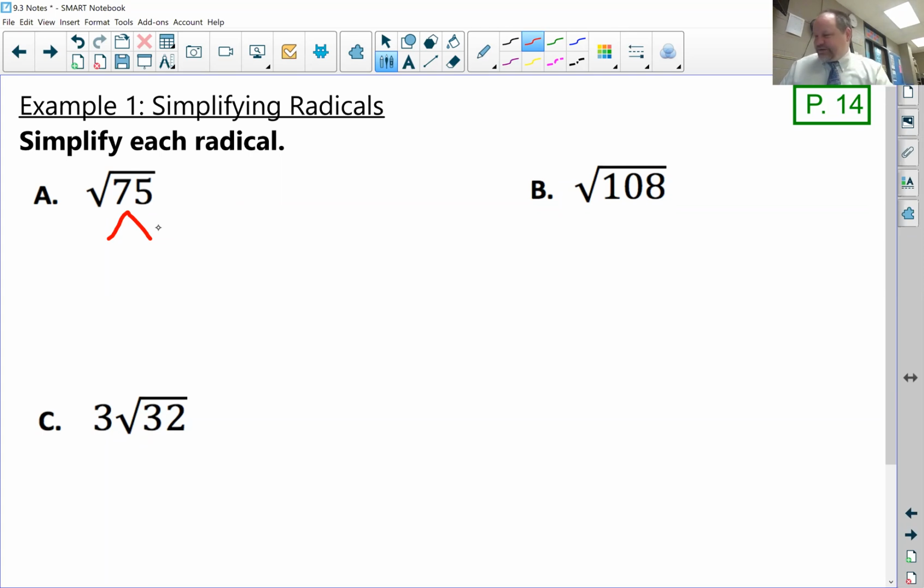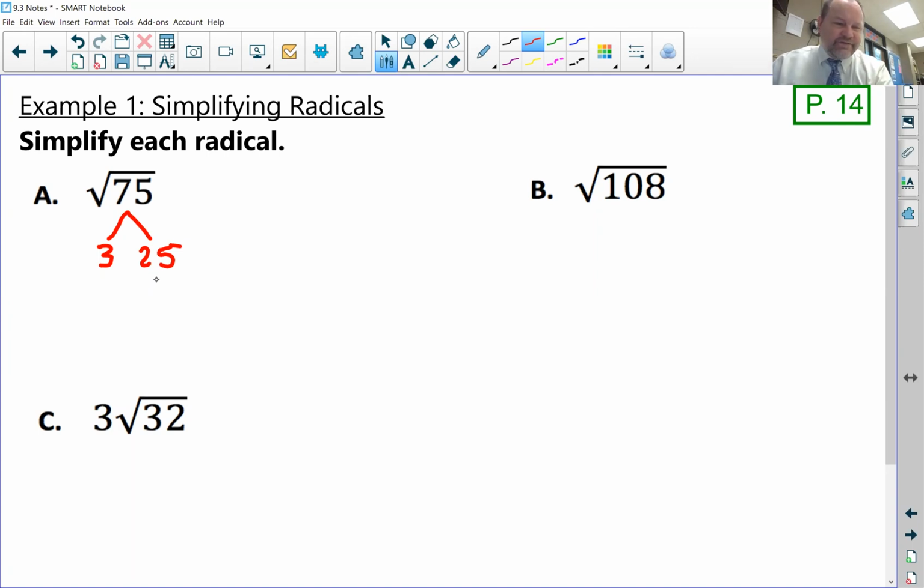75 is not even, so 2 is not going to be a factor. If I add the digits, 7 plus 5 is 12. 12 is evenly divisible by 3, so 3 will be a factor. 3 and 25. For 25, if I add the digits, I get 7. 7 is not evenly divisible by 3.